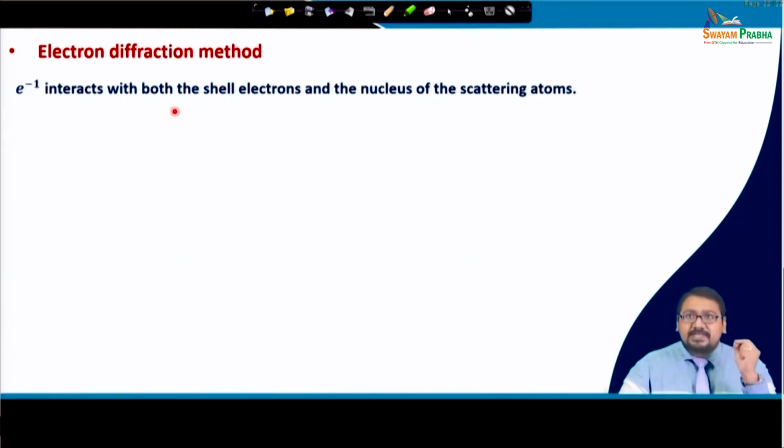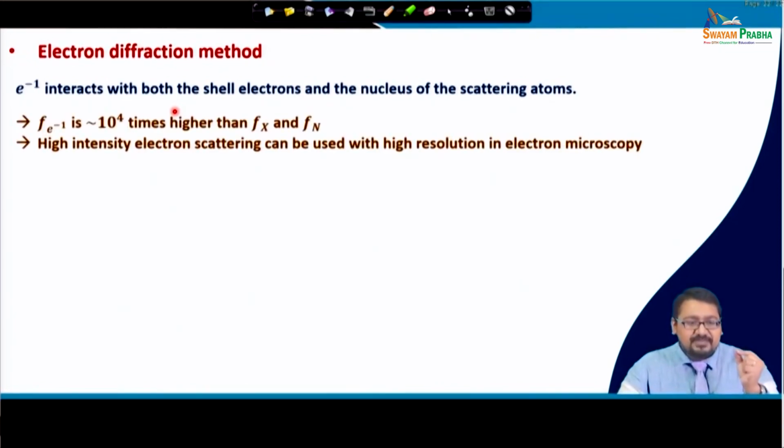They have a very low wavelength lambda, so the Bragg angles will be very, very low. The atomic scattering factor of the electron beam is about 10 to the power 4 times higher than that of the X-ray and neutron beams.